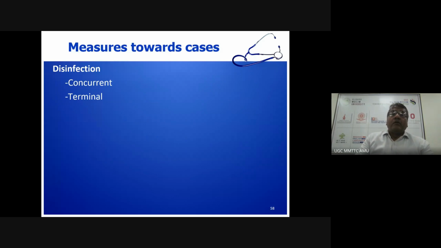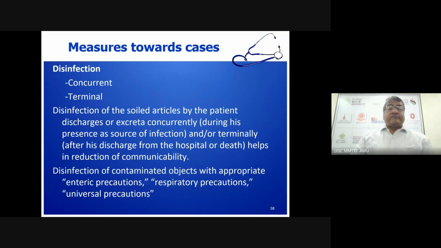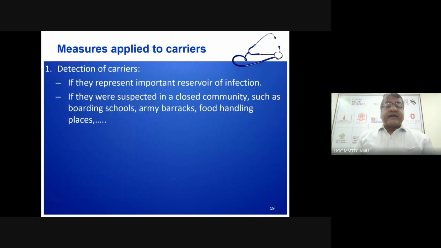Disinfections, concurrent or terminal: disinfection of the soiled articles used by the patient, discharges or excreta, concurrently during his presence or source of infection, helps in reducing communicability. Disinfection of the contaminated objects with appropriate enteric precautions, respiratory precautions, universal precautions.